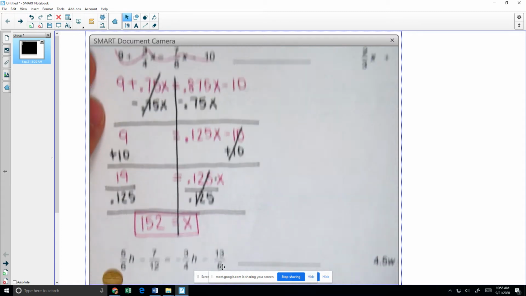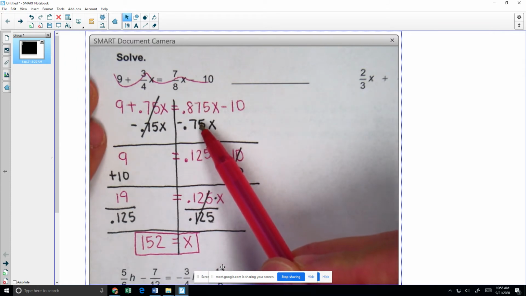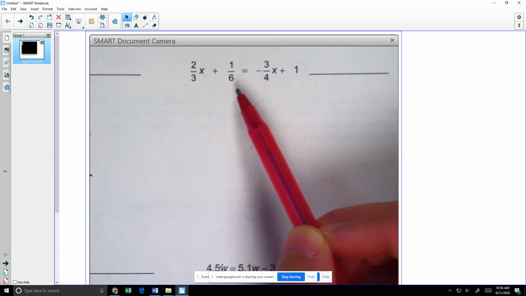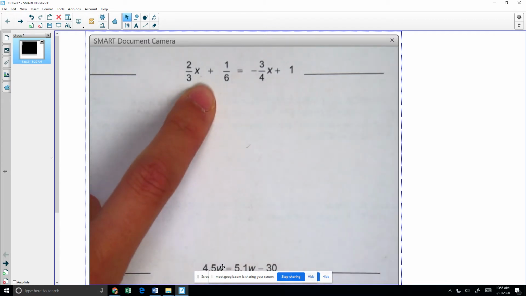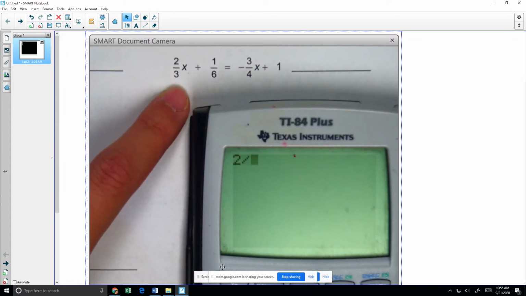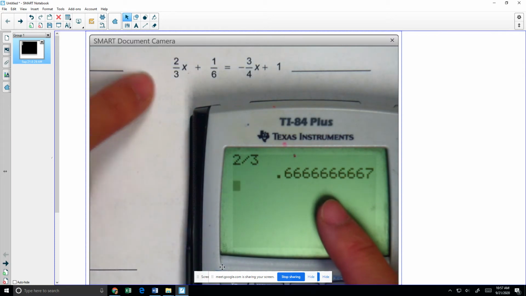So if you can change your problem to a decimal problem, change it. But sometimes you gotta suck it up and just be a big girl or a big boy, and you have to do fractions. So if I wanted to change this problem to a decimal problem, do you see how 2/3 is repeating? I can't change this to a decimal problem.